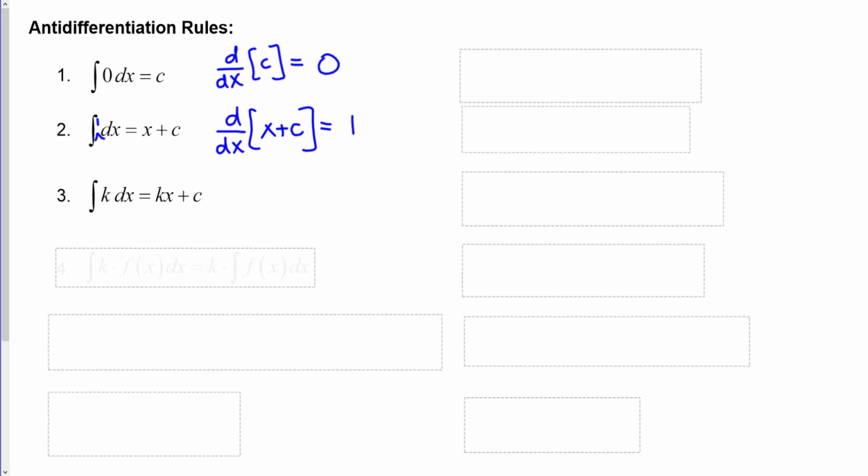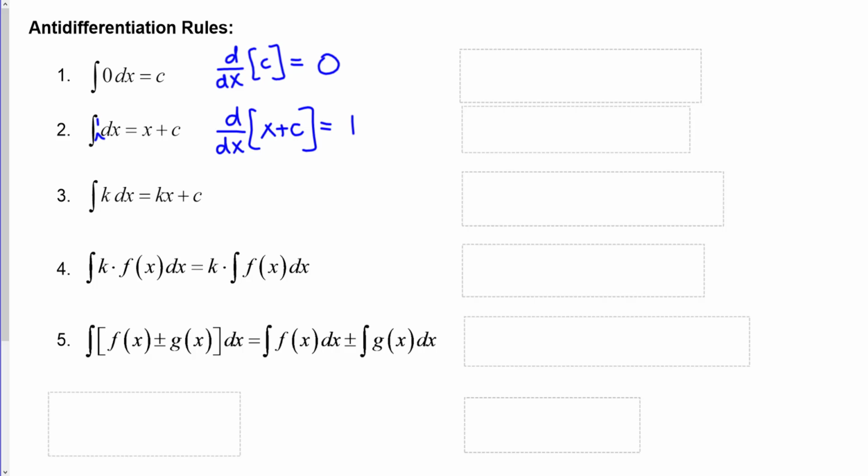But in fact, that's actually part of a more generalized rule in that if you have a constant multiplying any function, you can actually just take that out of the operation of antiderivatives altogether and find the antiderivative of the resulting function, which shouldn't be much of a surprise because we could do the same thing with derivatives as well. And since these are the inverses of derivatives, it should make sense that you can do this.